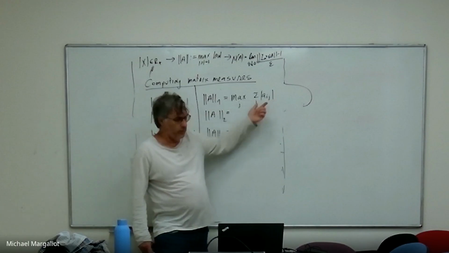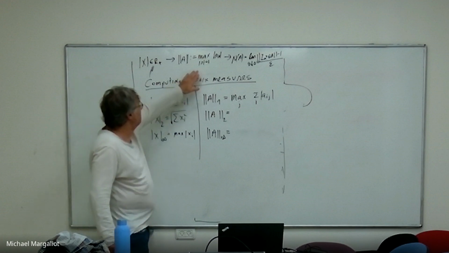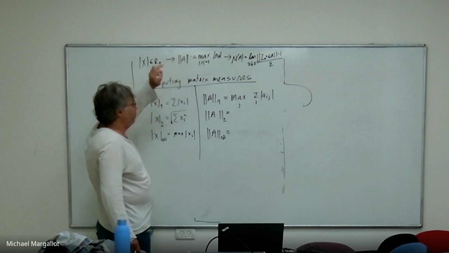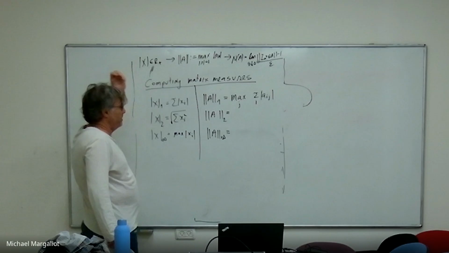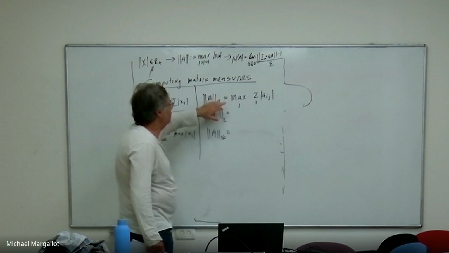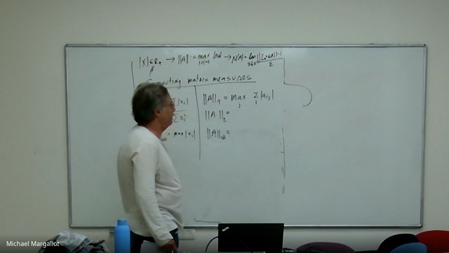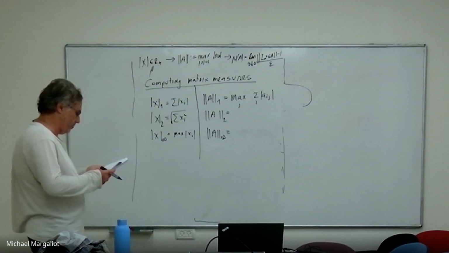But every entry you take with an absolute value. Of course, this is not surprising, because this is always positive numbers somehow. So this is the maximum of the column sums, where every entry is taken with absolute value.